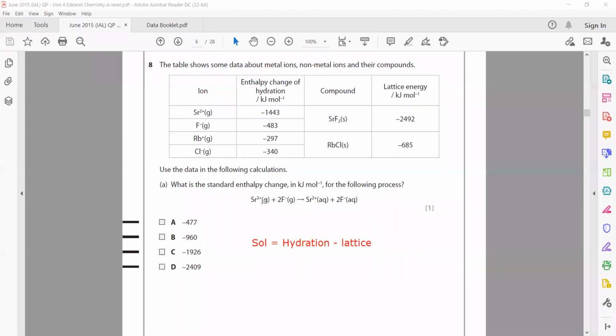So hydration energy for rubidium chloride: minus 297 is for rubidium, plus minus 340 is for chlorine. Minus the lattice energy, minus 685, that is the lattice energy.